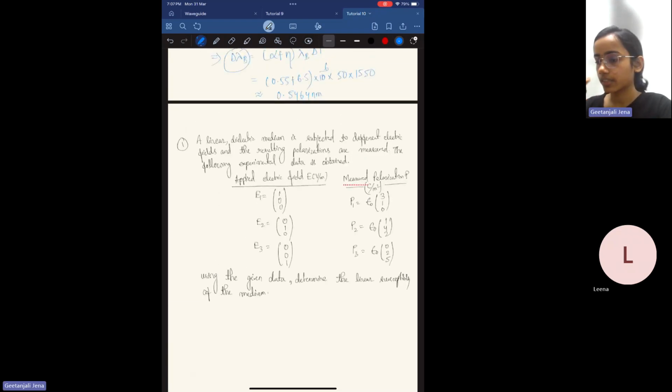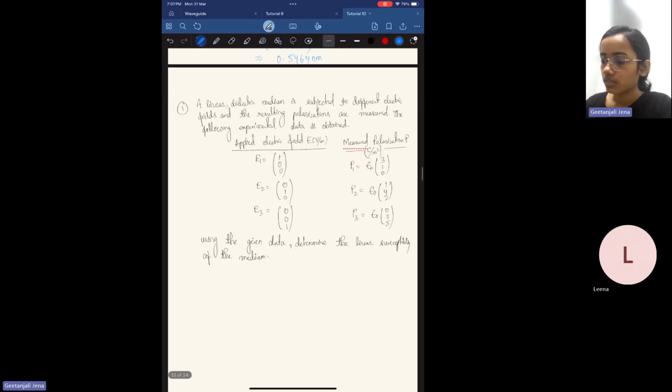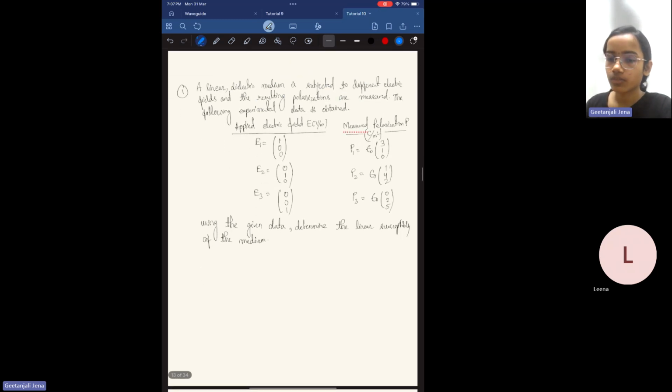Okay, if not, then let me move to the next question. We'll see the problems based on the nonlinear effect now. The first question says a linear dielectric medium is subjected to different electric fields and the resulting polarizations are measured.